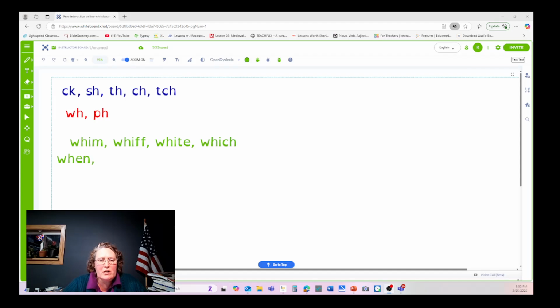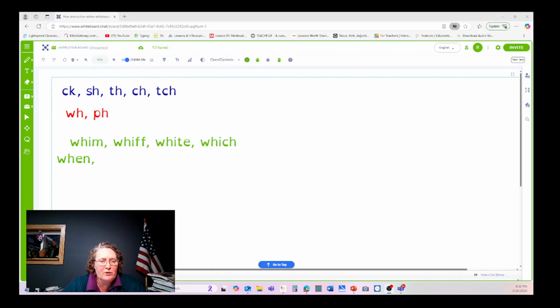So we are going to talk about consonant digraphs today. So far, we have talked about consonant digraphs CK, SH, TH, CH, and trigraph TCH. And remember, we worked on CH and TCH at the same time.